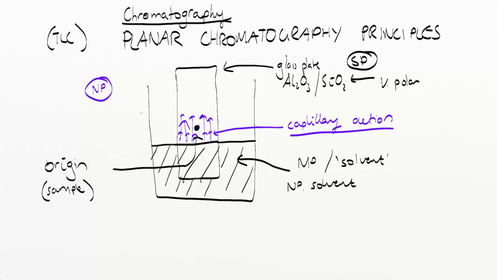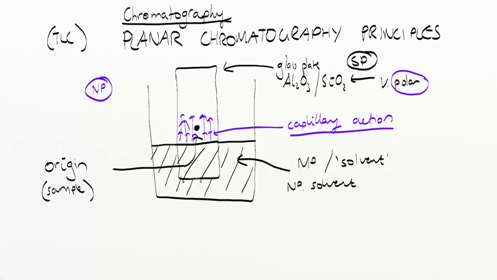A split second later, the non-polar component will have some little attraction to the stationary phase. Remember, even though this is non-polar and the stationary phase is polar, there's still a little bit of friction between the non-polar component and the polar stationary phase. So it will adsorb onto the surface of the stationary phase.